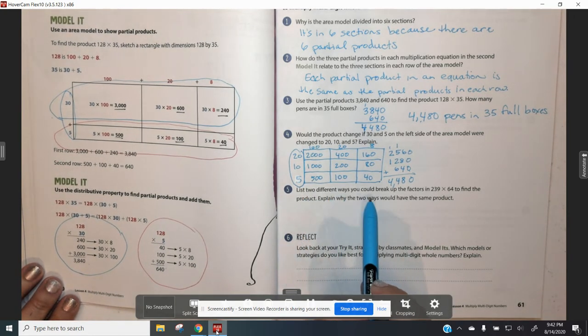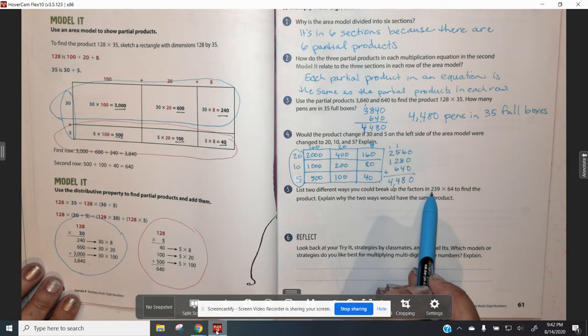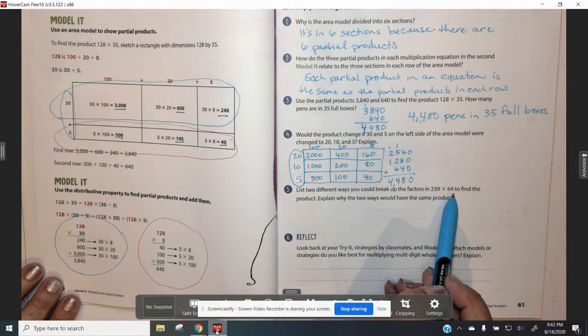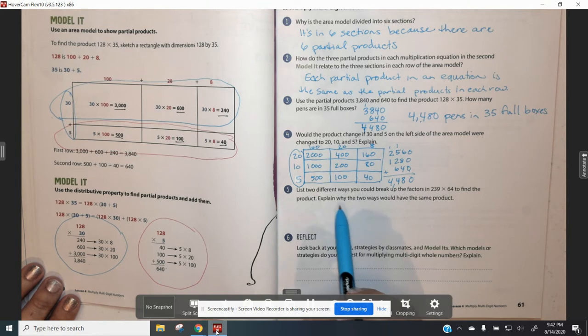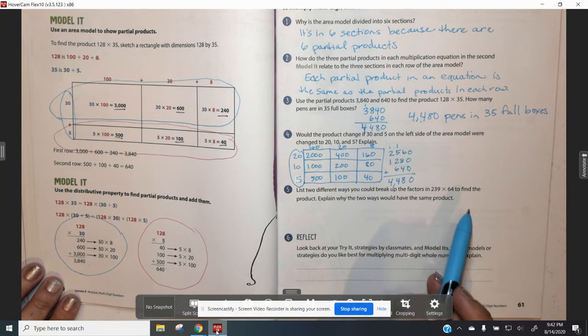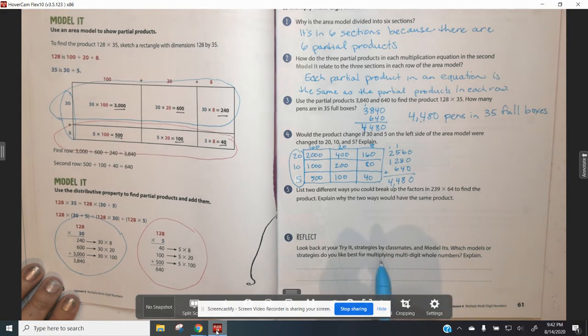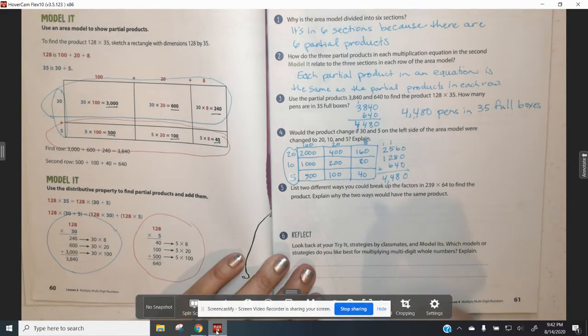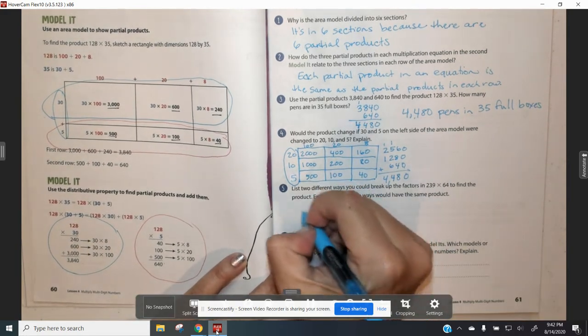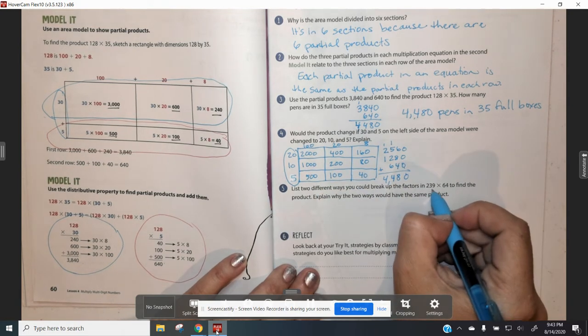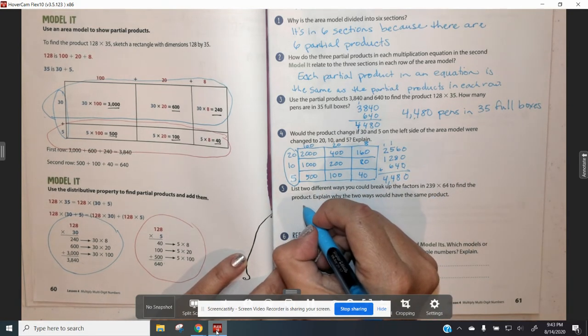List 2 different ways you could break up the factors 239 times 64 to find the product. Explain why the 2 ways would have the same product. So the first way we know we could do would be, we're going to keep 239 the same.